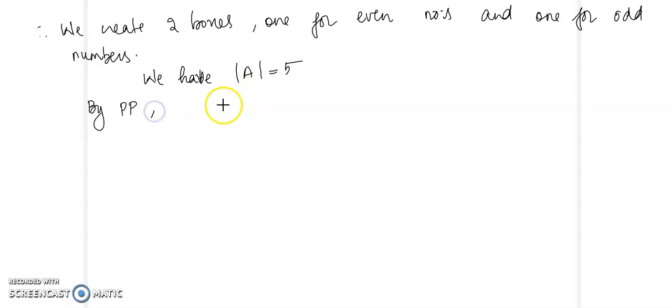Now by pigeonhole principle, if you take 2 into 2 plus 1, that is equal to 5. So you have kn plus 1 equal to 5. Therefore by pigeonhole principle there must be at least k plus 1 objects in one of the boxes.